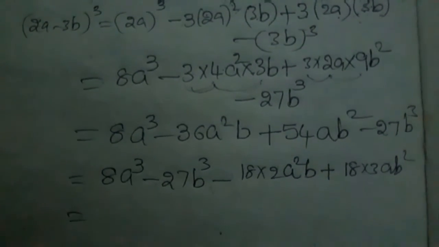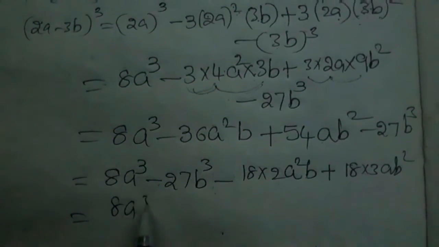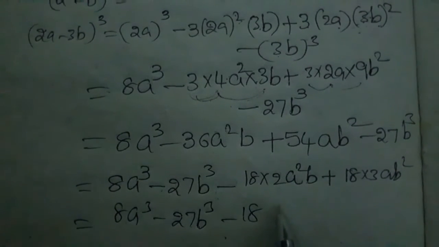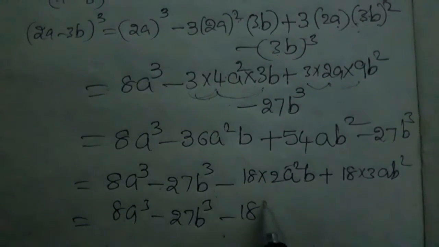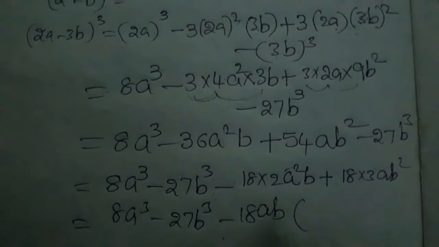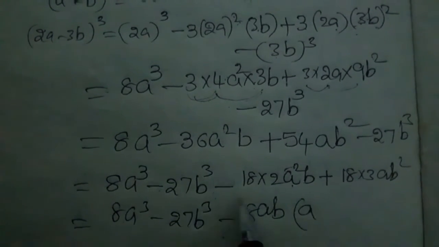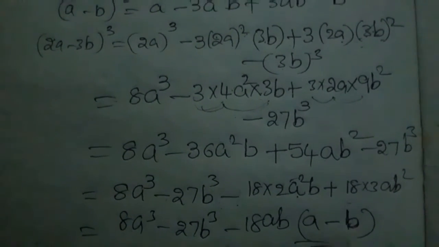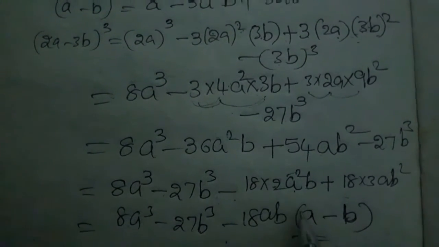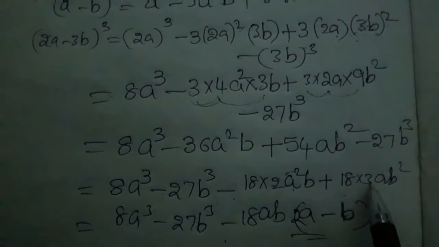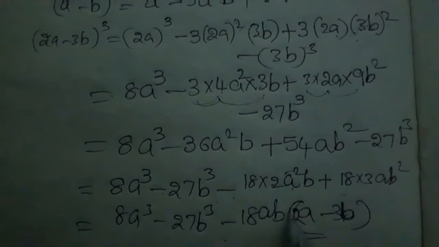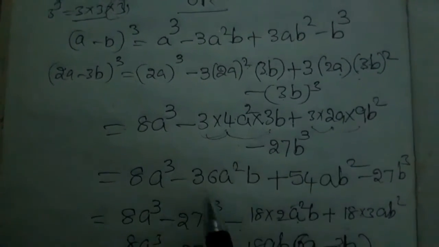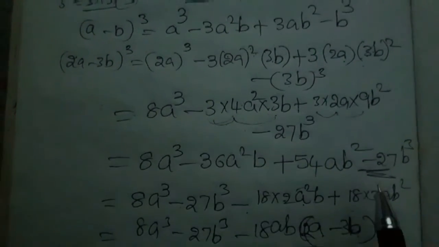Now that equals 8a cube minus 27b cube minus 18ab common. Here is a, this minus goes inside, that means minus b. 18 which a? 2a, and here is 3, so minus 3b: (2a minus 3b). Got it? Up to here is the answer by the second form.